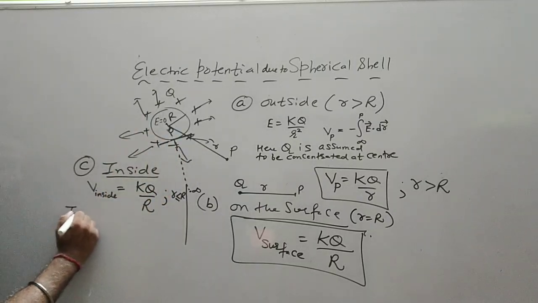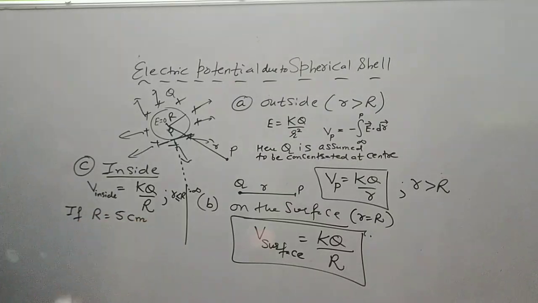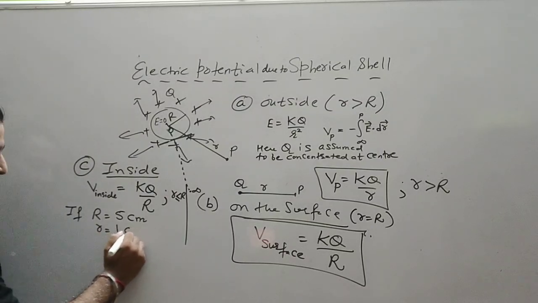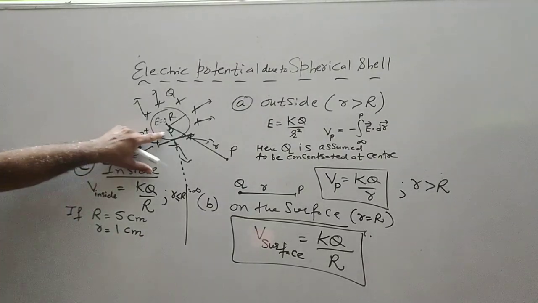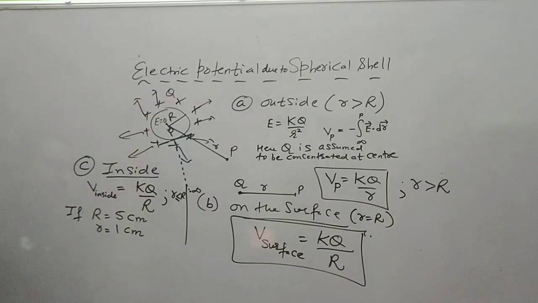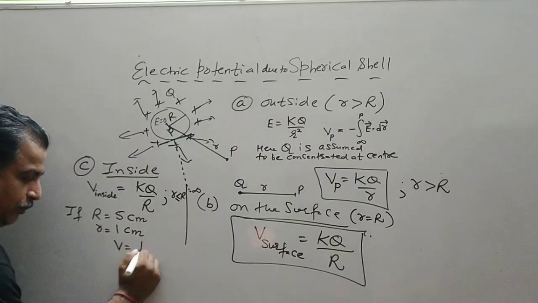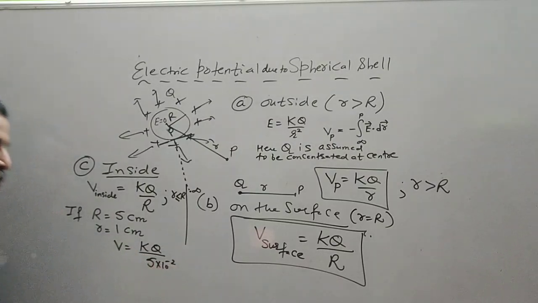So if capital R is equal to 5 centimeters, say, and you have to find the potential at small r given as 1 centimeter, that is inside this 5 centimeter hollow sphere. Still the formula will be kq upon 5 into 10 raised to minus 2 meter.